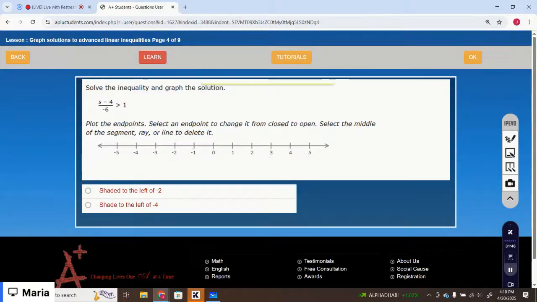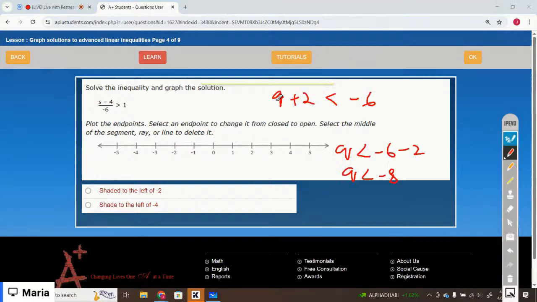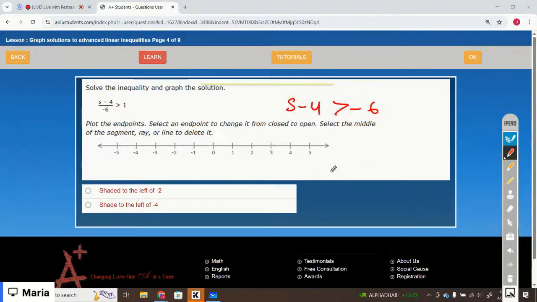S minus 4 divided by negative 6 is greater than 1. That is S minus 4 is greater than negative 6. So S is negative 6 plus 4.